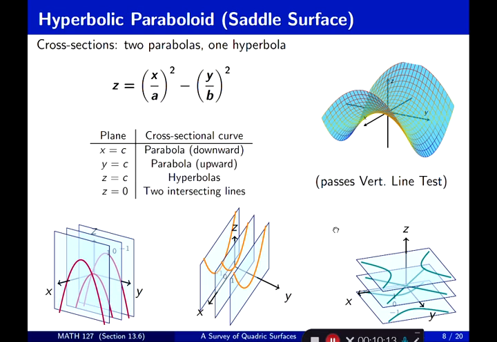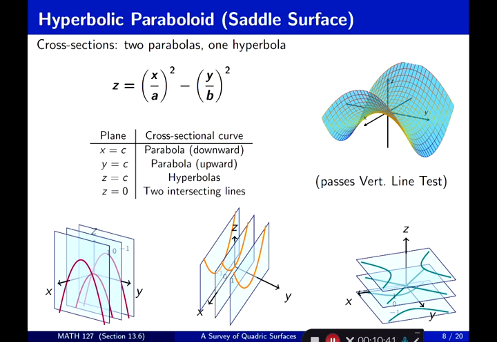Others, I heard people call it Pringles. That works too, but saddle is the best description of that, and it's the name of it basically. It just looks like a saddle surface. The origin is not a maximum point.